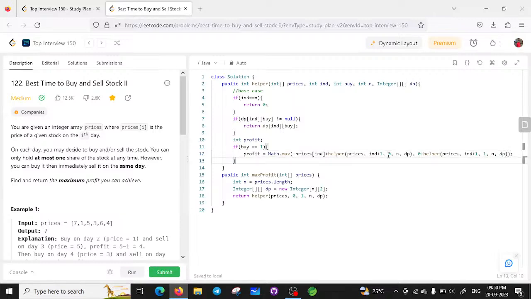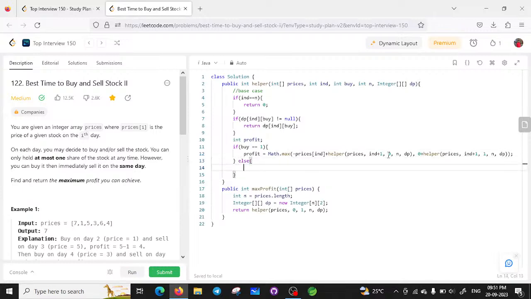Alright, next in the else condition we're dealing with the sell. Math.max of 0 plus helper, prices, index plus 1. Here we didn't sell anything, that means till we sell we are not allowed to buy, so here it will be 0 and the dp.